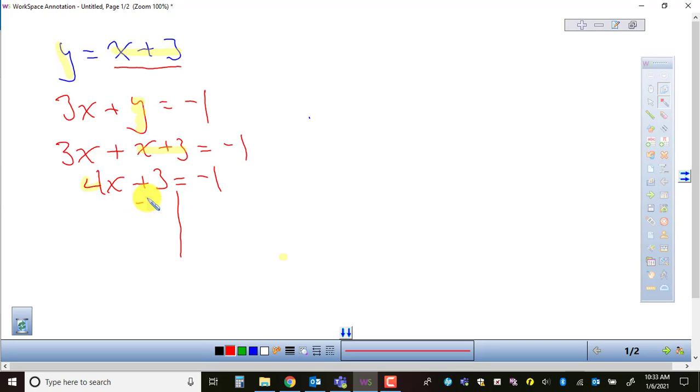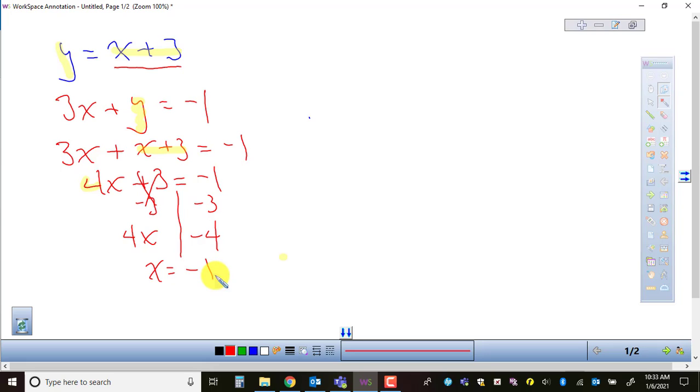So let's get rid of the 3. And if I combine a -1 and a -3, I will get -4. Divide both sides by 4, and I get x is equal to -1.